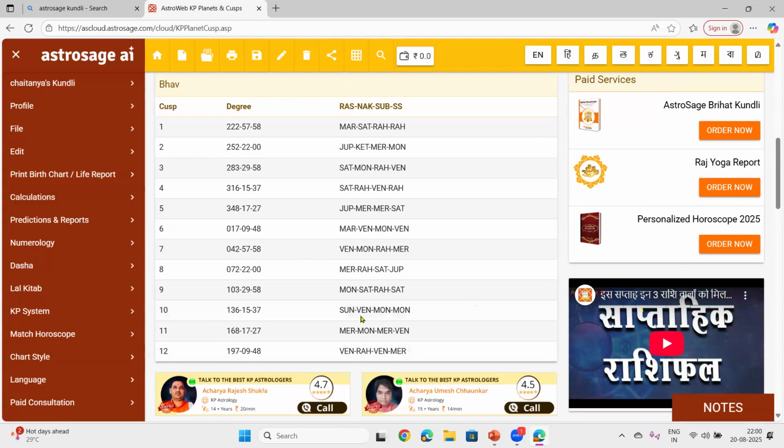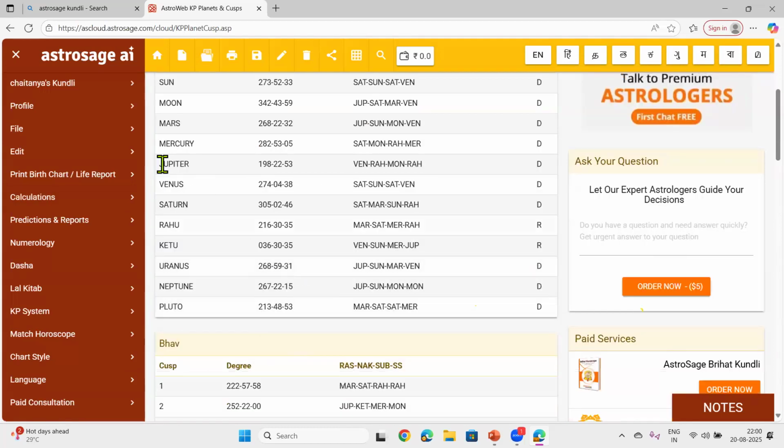So see, moon is there and moon is related to Venus, isn't it? Yes, sir. And again, moon is related to Mercury. They were coming in the picture. Moon, Venus, Moon, Mercury. And if we look at the role of Jupiter also, moon has the sublord of Jupiter.